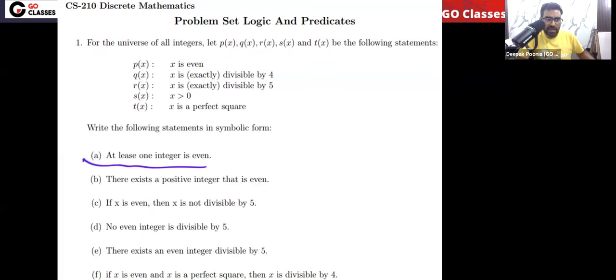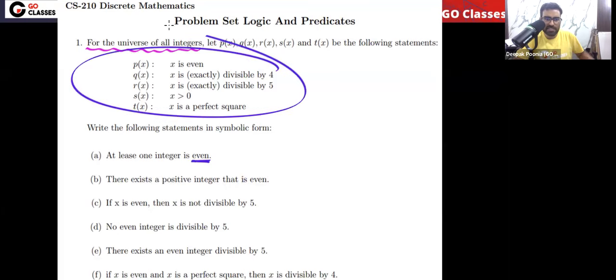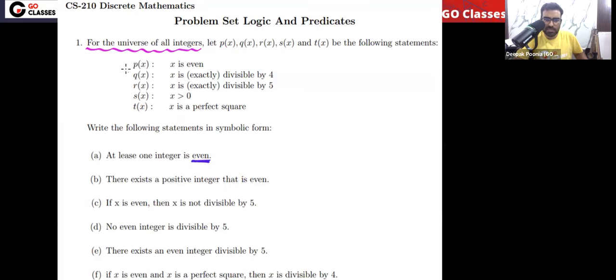Let's see the first one. At least one integer is even. Remember, the universe is already the set of all integers. So this statement A is saying at least one integer is even, but the universe is the set of all integers, so I can say that at least one element in the domain is even. Which of these predicates is talking about even?